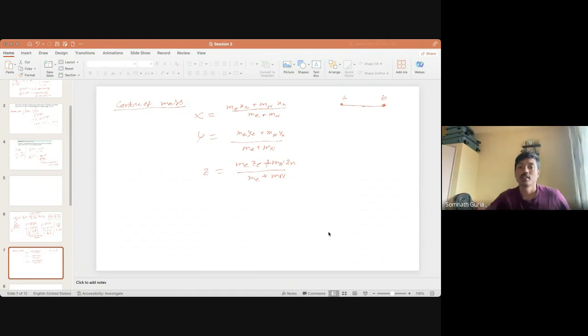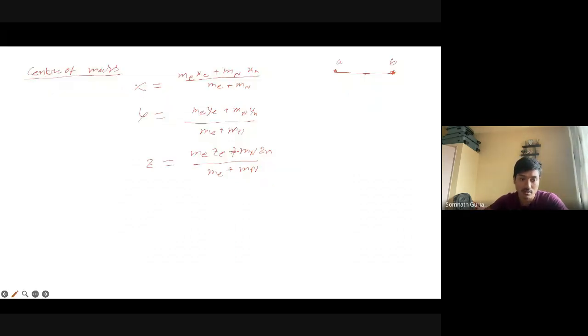Okay, thank you. And then here is another term. Similarly, how can we write R equals, based on this center of mass equation, M_e R_e plus M_N R_N divided by M_e plus M_N?